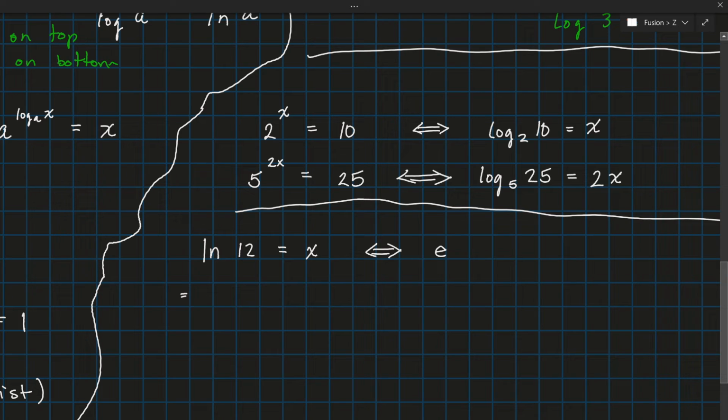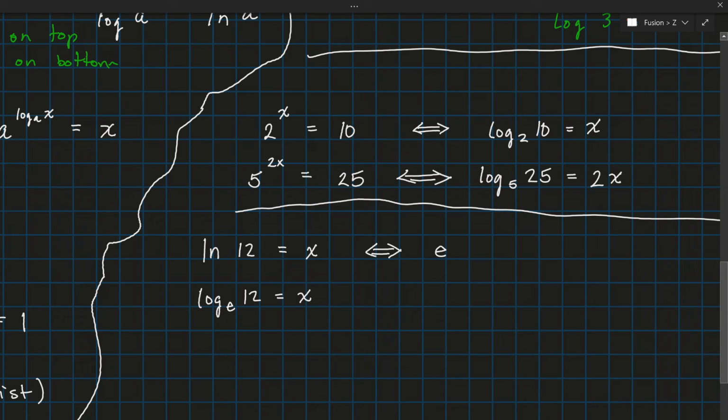And then what becomes the exponent? Not quite, no. Maybe it'll help if I rewrite it like this.